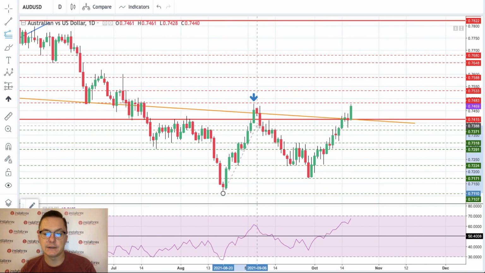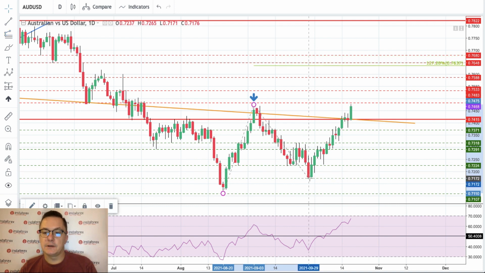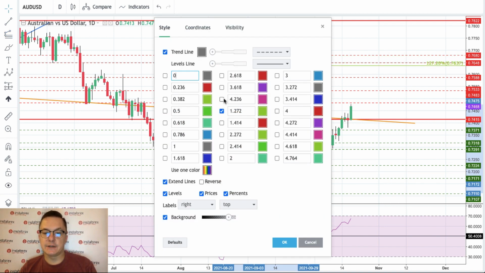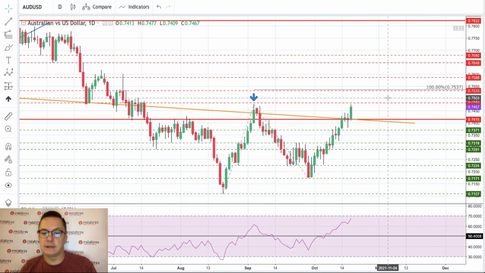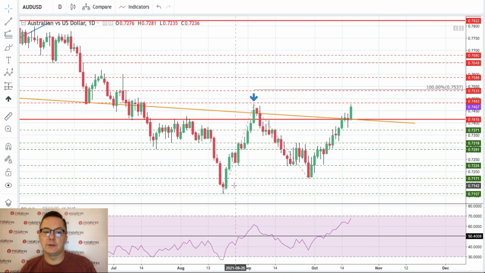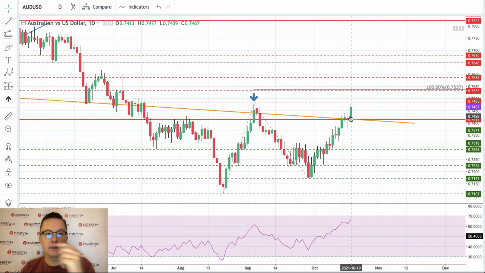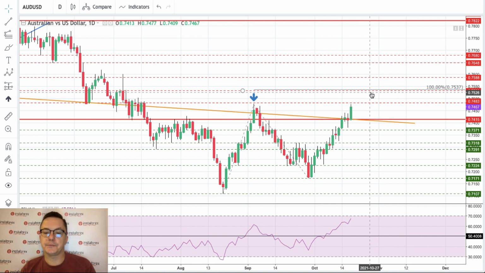So we got this Fibonacci thing here, this is the Fibonacci extension. Let me just put the most important levels for us, which is 1 to 1 for now, and we will leave it just here. So the next target that would be wave A to wave C, 100% relation from the market geometry, of course, is 0.7537.